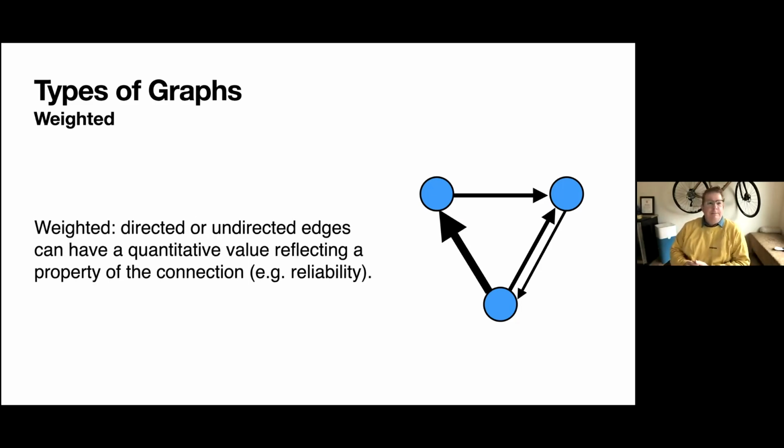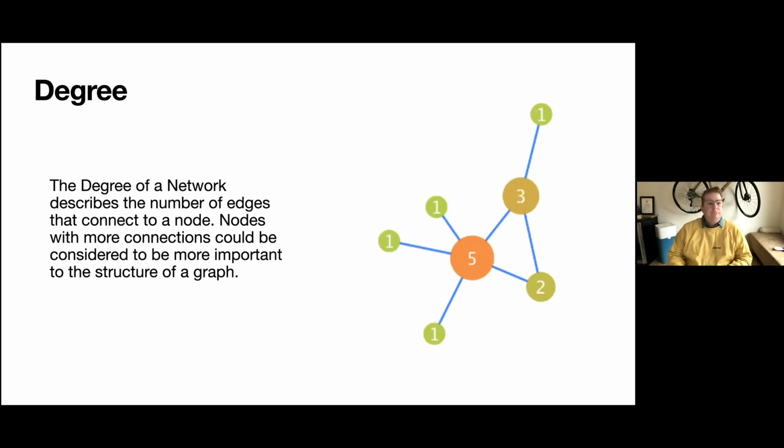Then the third type of graph is either directed or undirected, but it's weighted. So it can have a quantitative value reflecting a property of the connection. In a network graph, you might see connection speed as the weight for that type of graph. There are other aspects of graphs that make them very interesting.